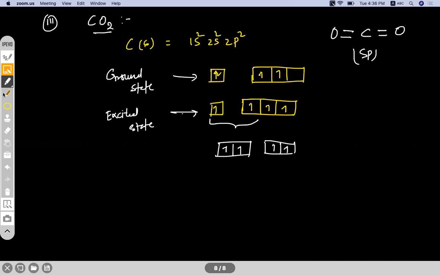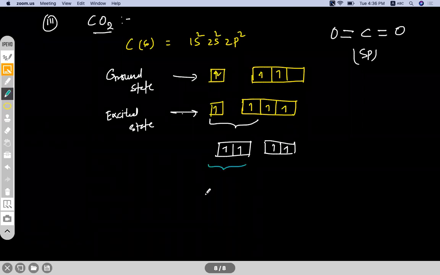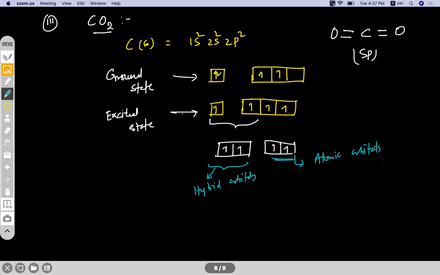So you see, these are the hybrid orbitals, right, and these 2 are the atomic orbitals. So two pi bonds we need to form here. The two atomic orbitals must be there, unhybridized, for the carbon atom.